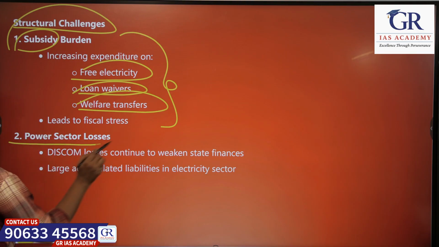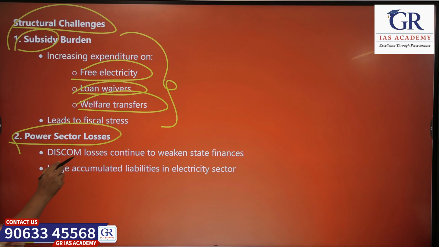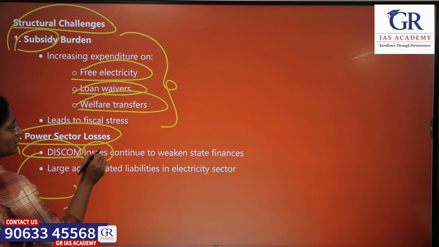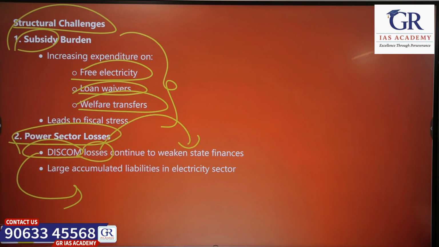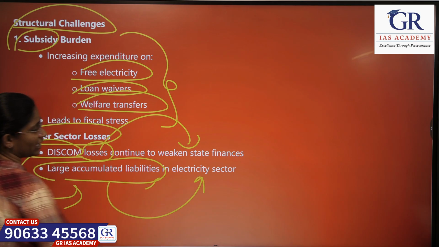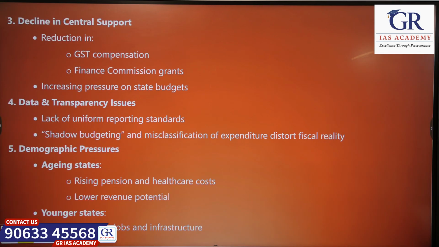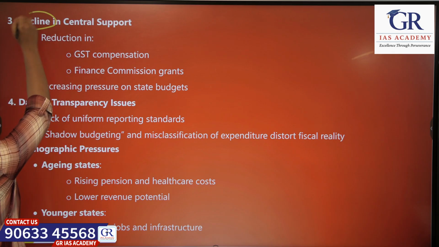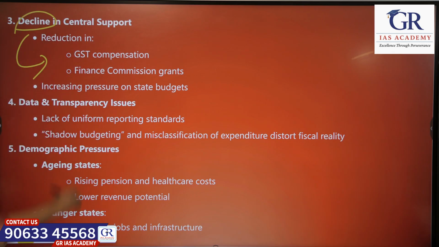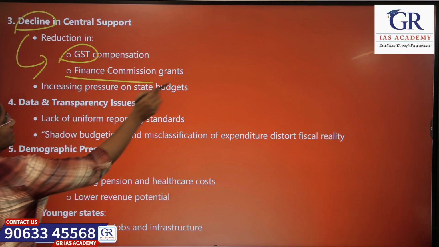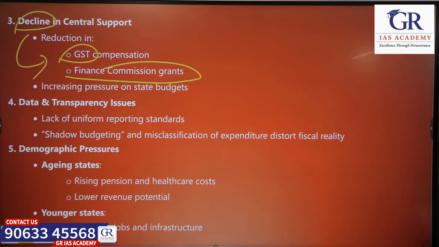The second one is losses in the power sector, because DISCOMs, the distribution companies, continue to incur losses due to weak state finances, and there are huge liabilities for the electricity sector borne by the state. And there was a continuous decline in central support due to the reduction in GST and grants. So there will be a burden on the state to spend and to take on debt for consumption as well.